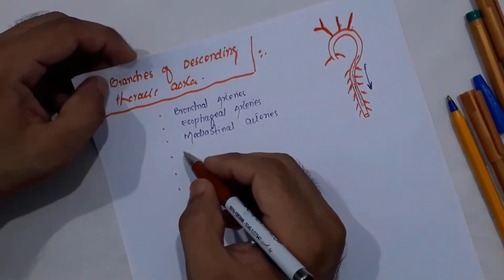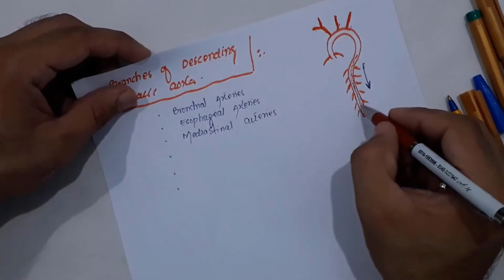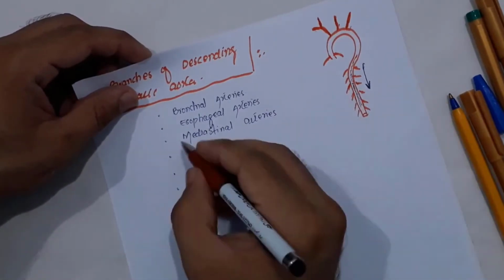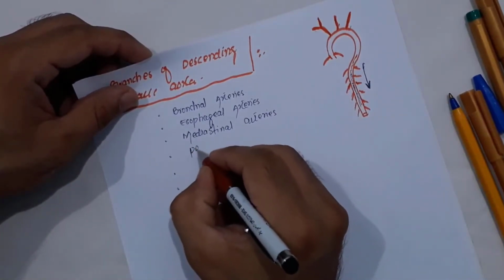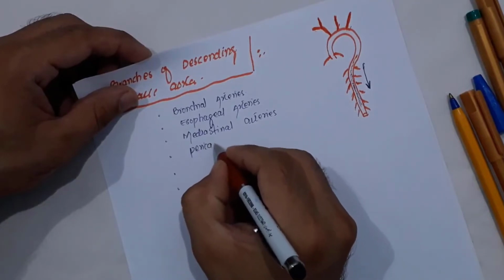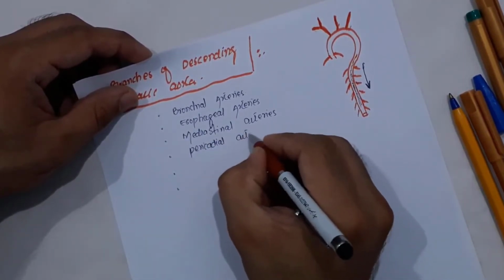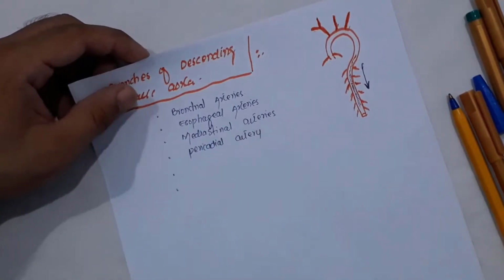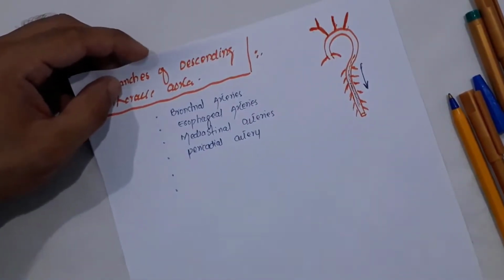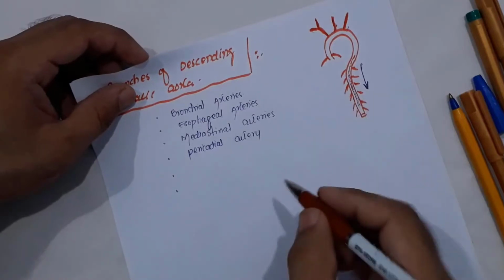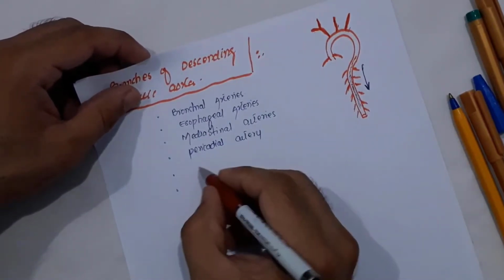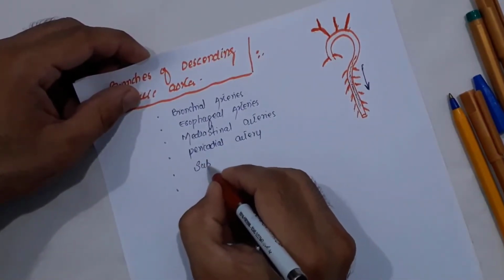The next branch which arises from the descending thoracic aorta is the pericardial artery. We are writing just their names; we will discuss each artery. The next branch is the subcostal artery.